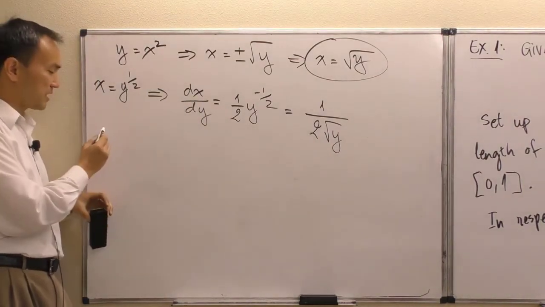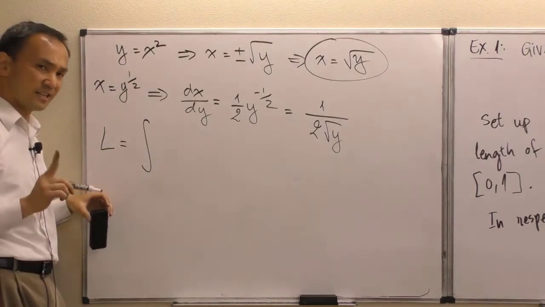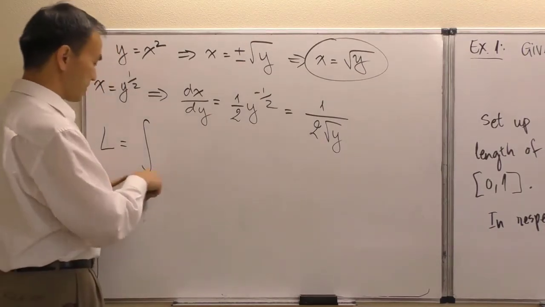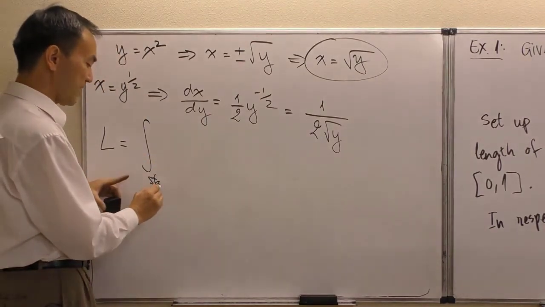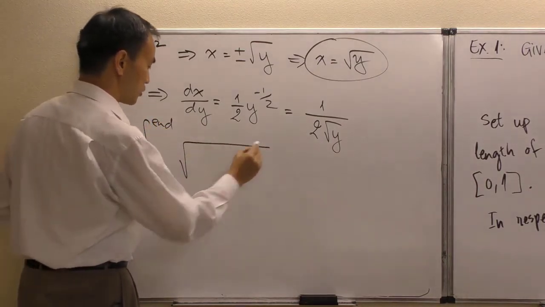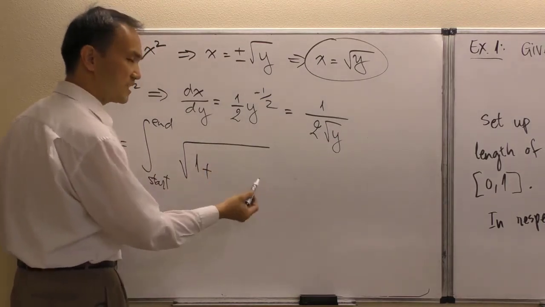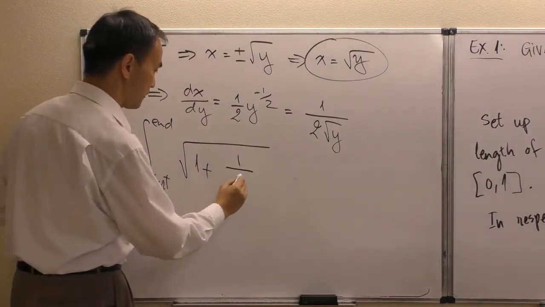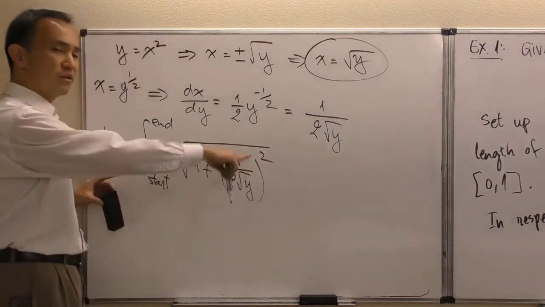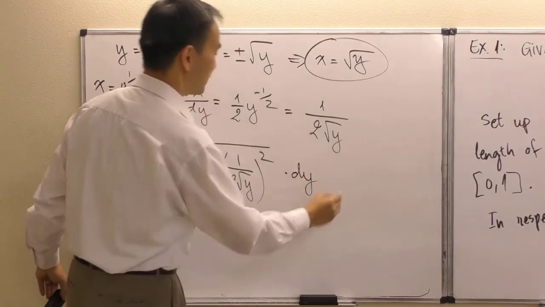So that means the length of that exact same physical arc can now be found by an integral from some start to the end. We haven't found the start and the end, so let's leave it there. Now it's the square root of 1 plus dx/dy all squared, which becomes 1 over 2 square root of y, all squared. And now it's completely in terms of the y variable, making it consistent with the dy.